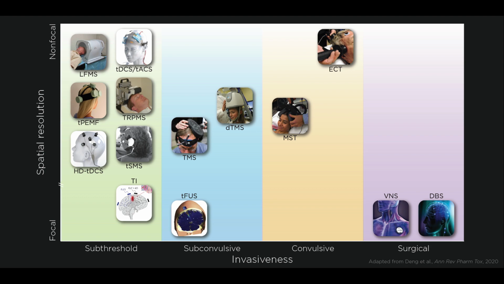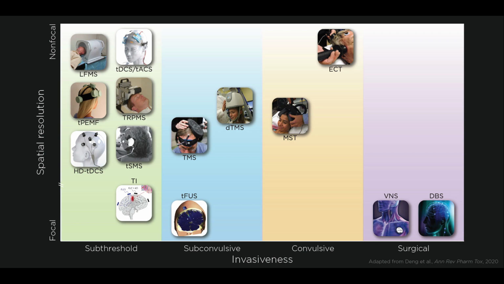So let me paint a picture of the different electrical and magnetic stimulation techniques. Here I have categorized many of these modalities into 4 categories, ranging from subthreshold stimulation methods to subconvulsive but supra-threshold stimulation methods to convulsive therapy to surgical implantable techniques.